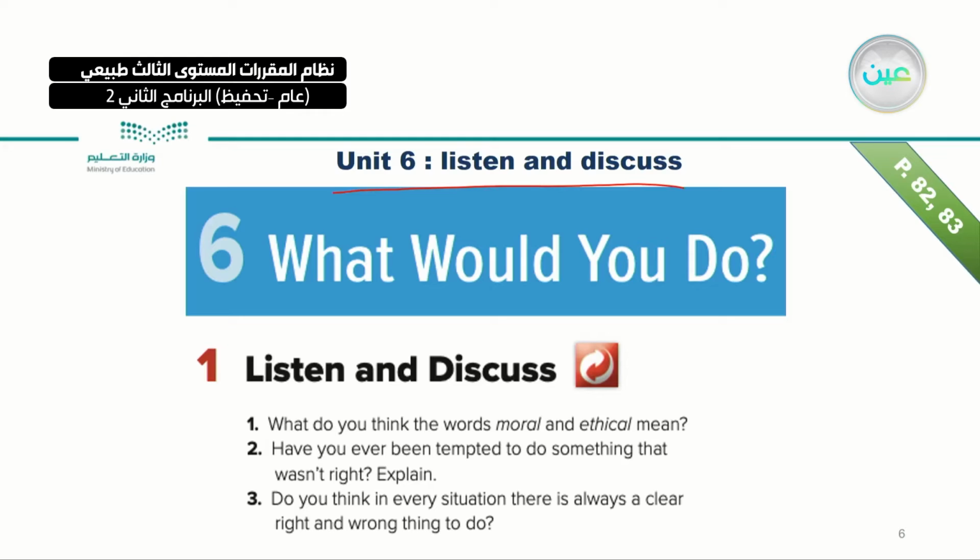Then, have you ever been tempted to do something that wasn't right? Number 3, do you think in every situation there is always a clear right and wrong thing to do?